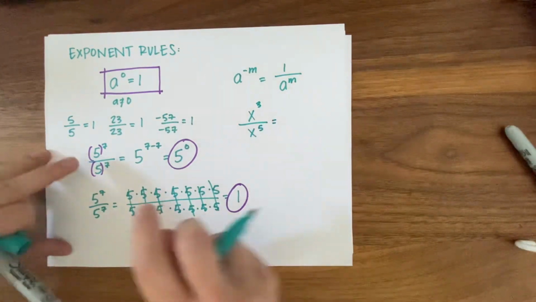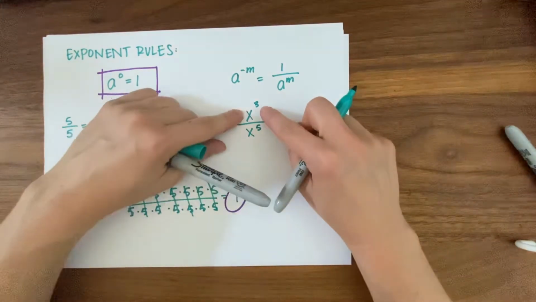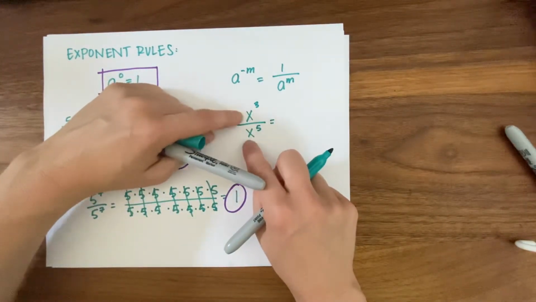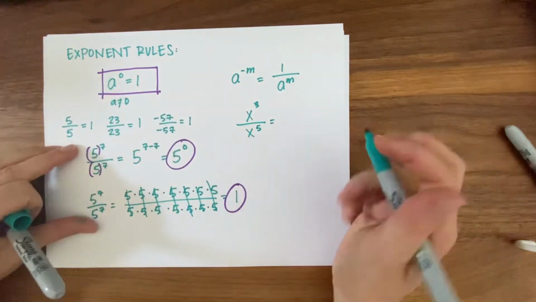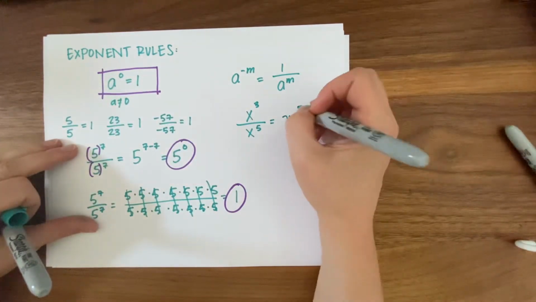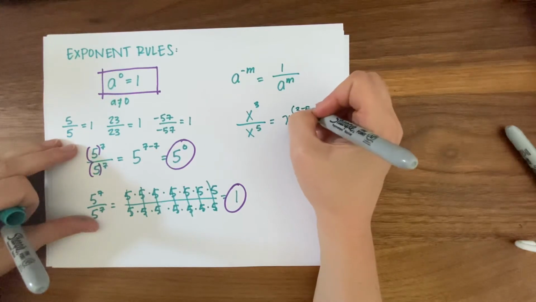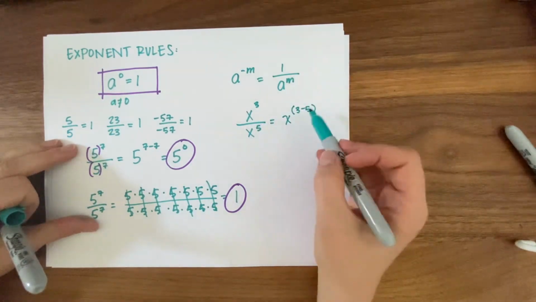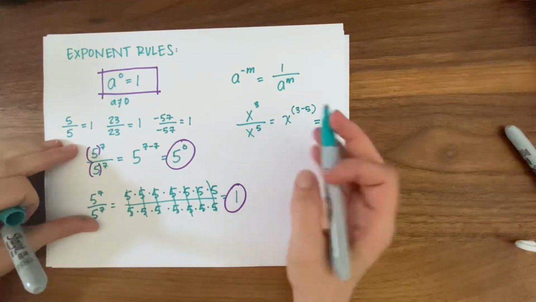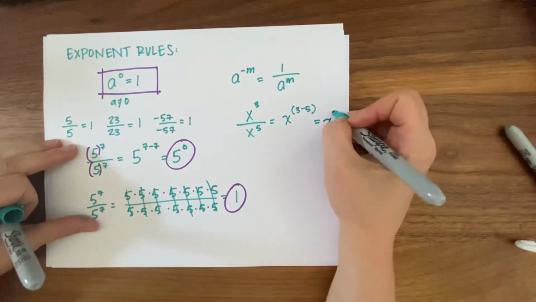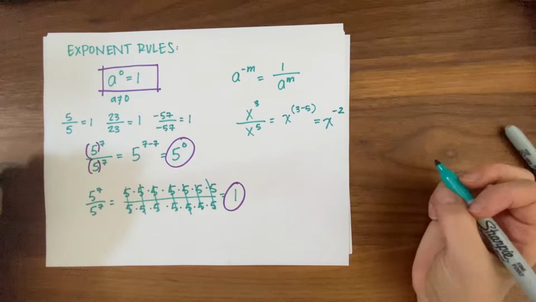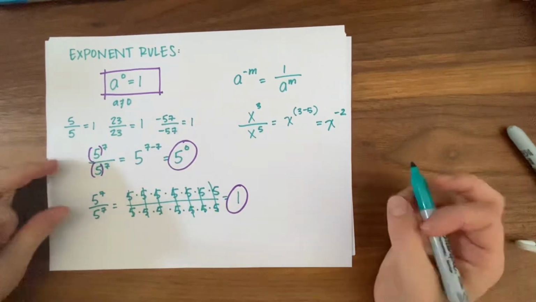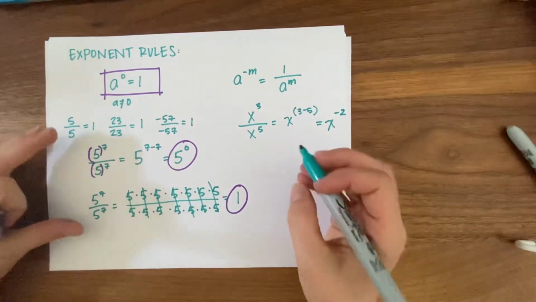If I were to use my exponent rules when I divide powers with like bases, this only works if the bases are the same, I subtract the exponents. So this is x to the 3 minus 5. The numerator always goes on top, or first. 3 minus 5, well, that would be x to the negative 2. That doesn't have a whole lot of meaning for me, but I'll go with it.